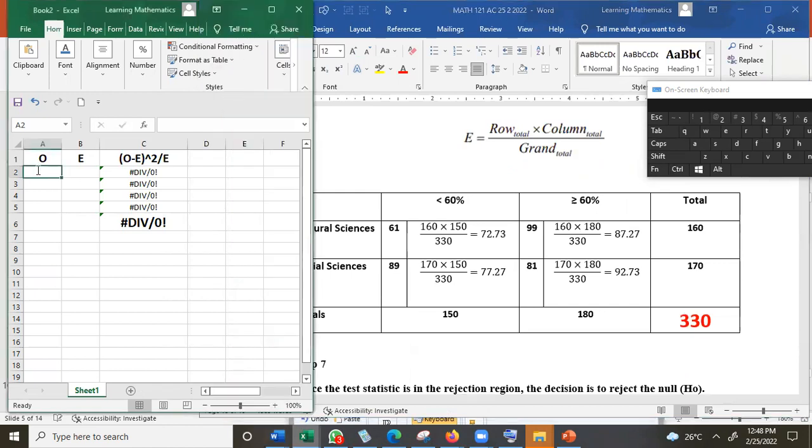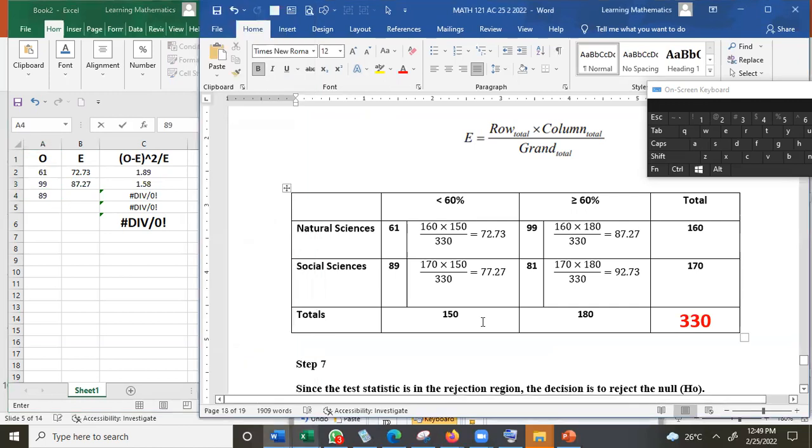61 is the first O, and its E is 72.73. 99 is the next O. Its E is 87.27. All right. Next O is 89.